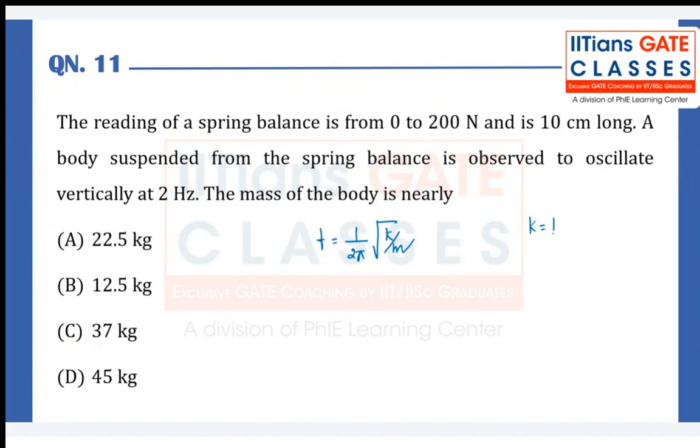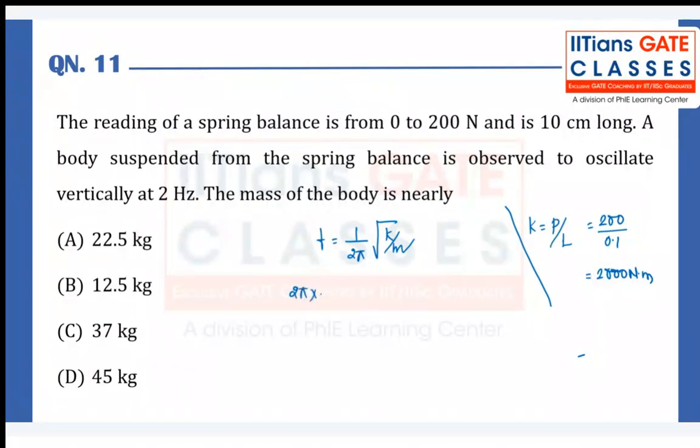We know this k is the stiffness and that is nothing but the load per unit deformation. Load is increasing up to 200 Newton. So it is 200 and the elongation is 10 centimeters. So we can say it as 0.1, which gives us the 2000 Newton per meter of the stiffness value. Frequency is given as 2 hertz.